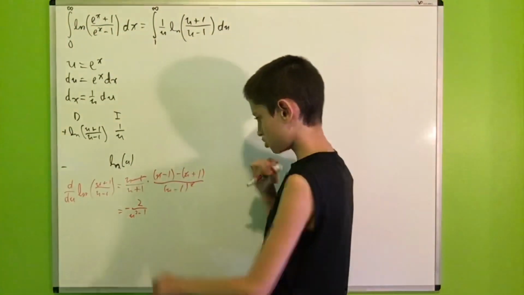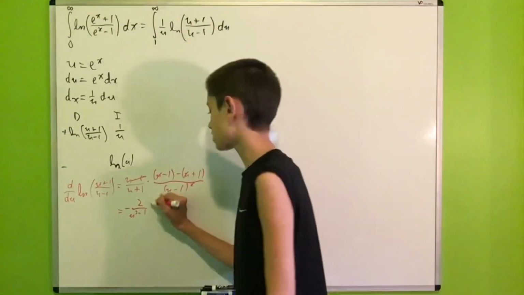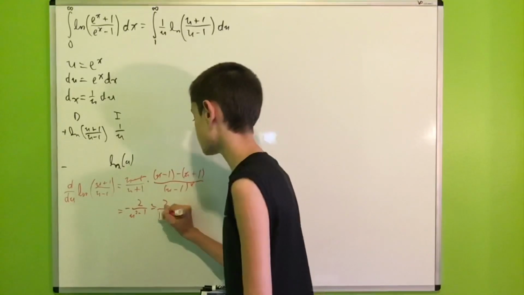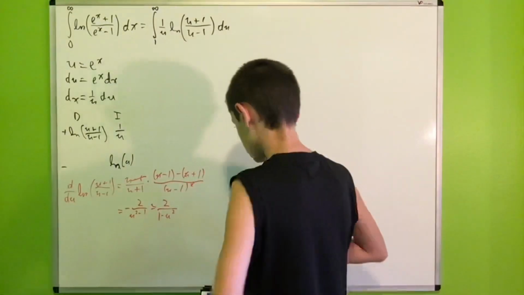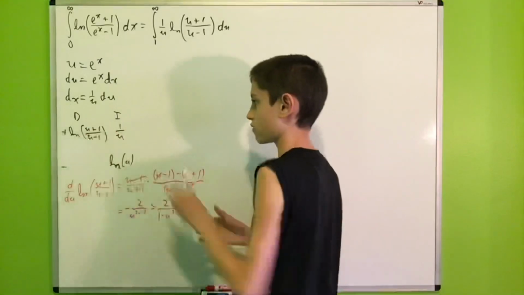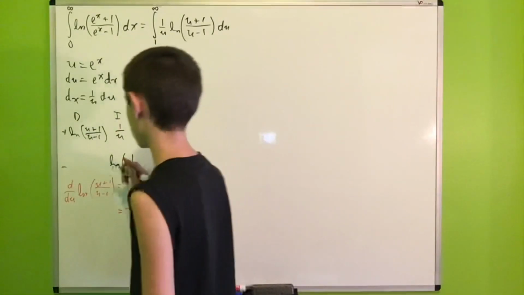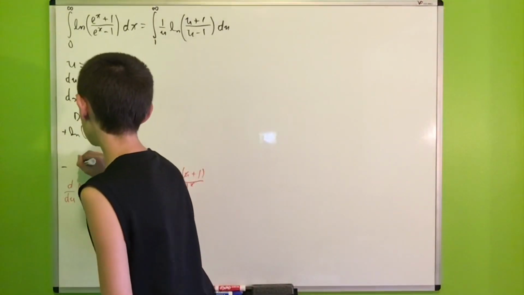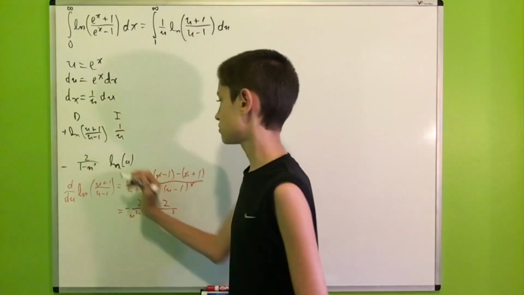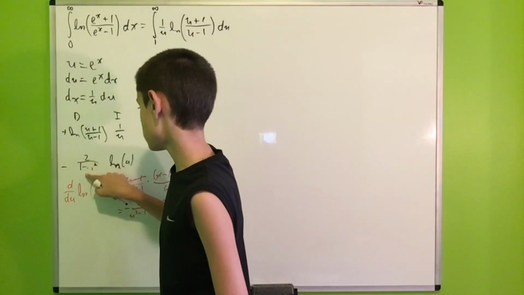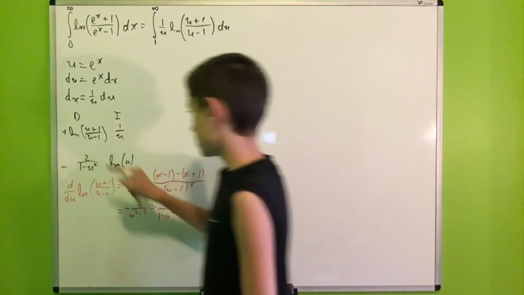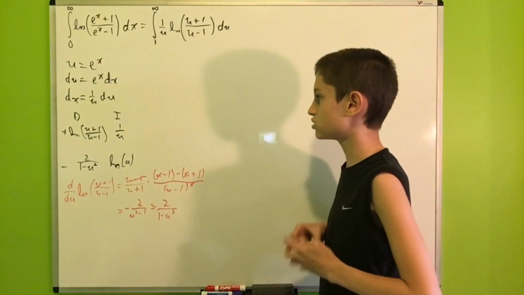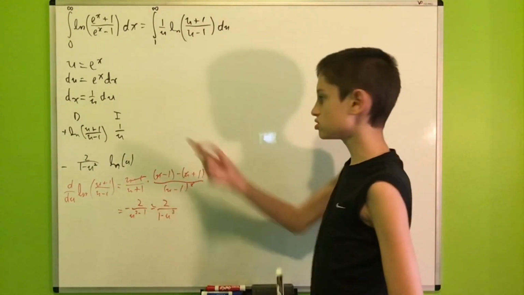And now we can just distribute the negative sign down in the denominator to get 2 over 1 minus u squared. So the derivative of this is just 2 over 1 minus u squared. Not n squared, u squared, please.